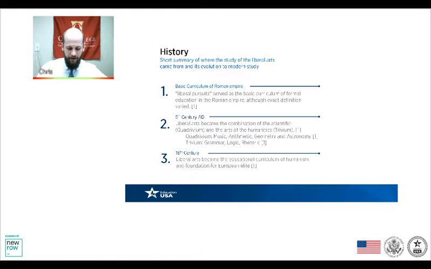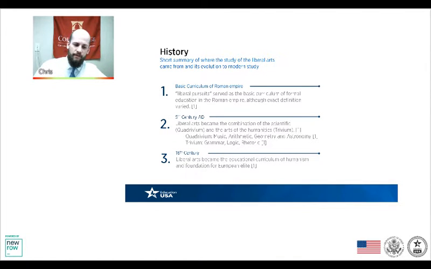To get us started, we'll look at the basic curriculum, and when it was created, according to my research, was in the Roman Empire era. They called this educational model the liberal pursuits. It served as the basic curriculum of formal education for the Roman Empire.